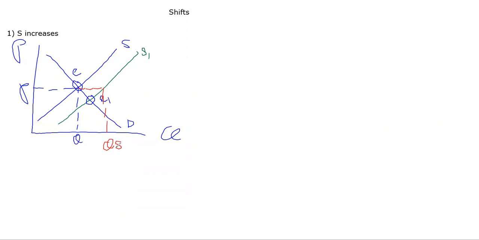And for all intents and purposes, you can erase the old supply curve. It's just redundant. You're not going to erase it in the actual paper, but just to help you visualize. So now the only relevance of the old point of equilibrium is where the price is cutting the demand curve, which means this is quantity demanded. We're ignoring the old supply curve. We don't care about that anymore.